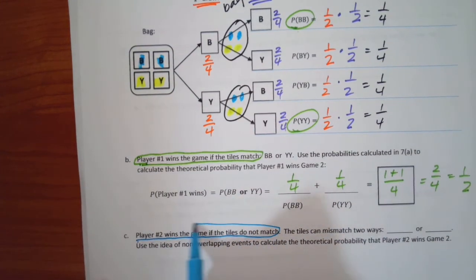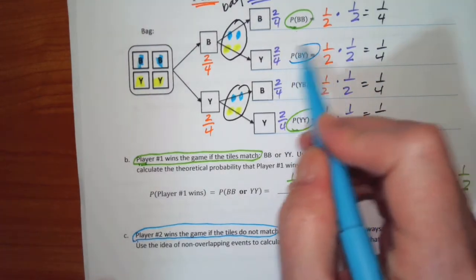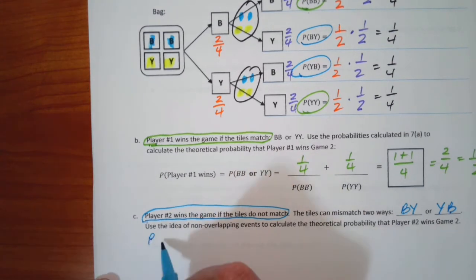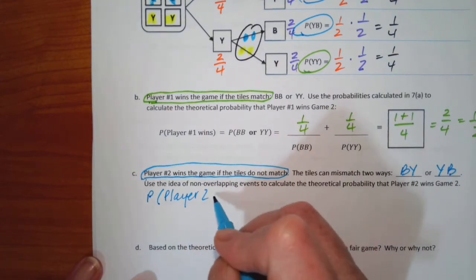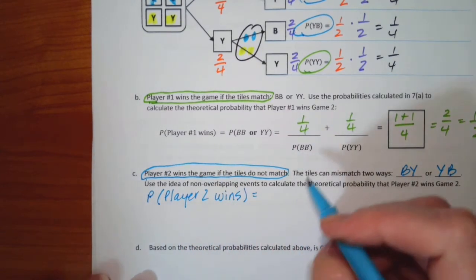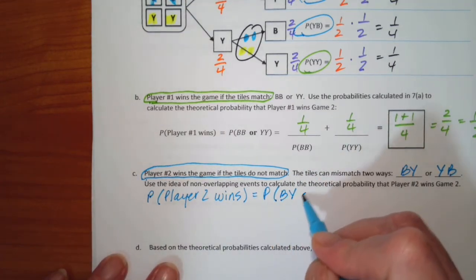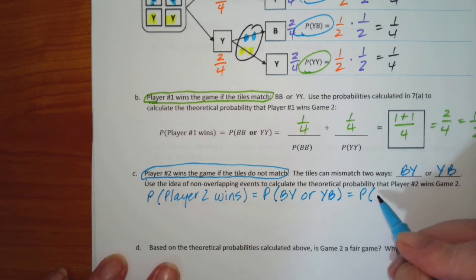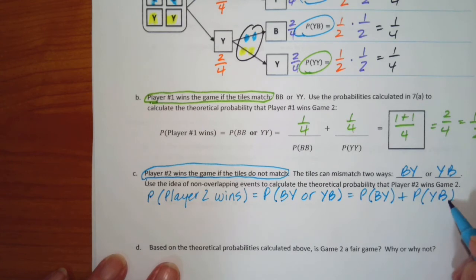Player 2 wins if they don't match, which means that is a blue, yellow, or a yellow, blue. So the probability that player 2 wins is the probability of blue, yellow, or yellow, blue, which is the probability of blue, yellow plus the probability of yellow, blue.